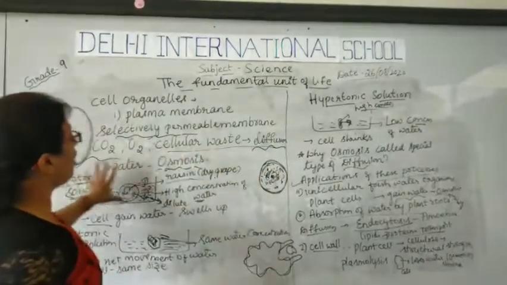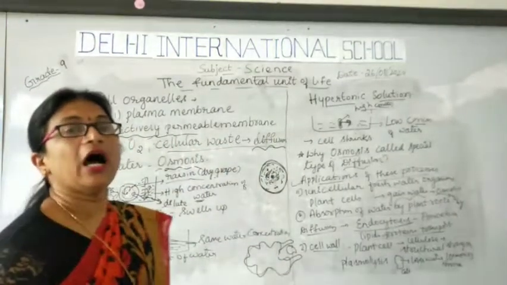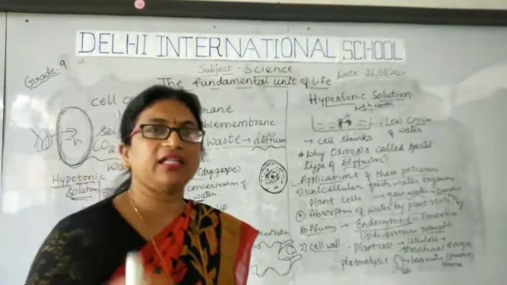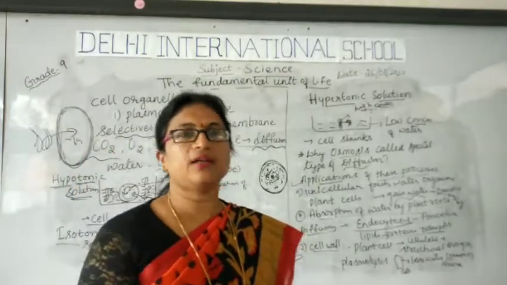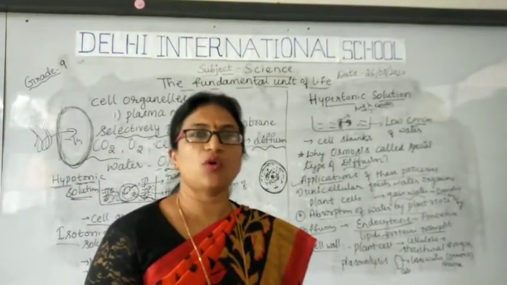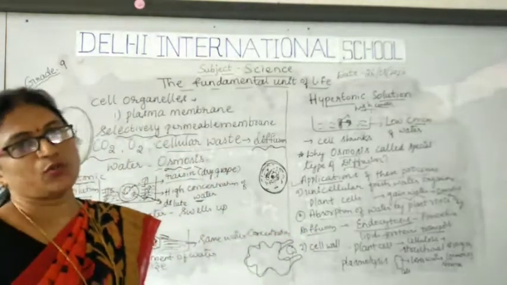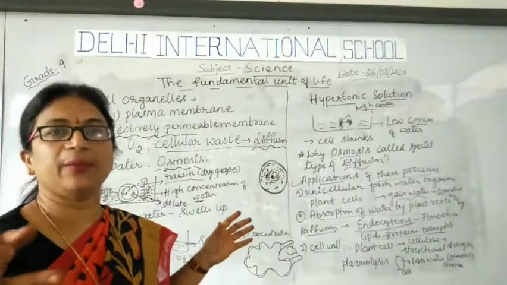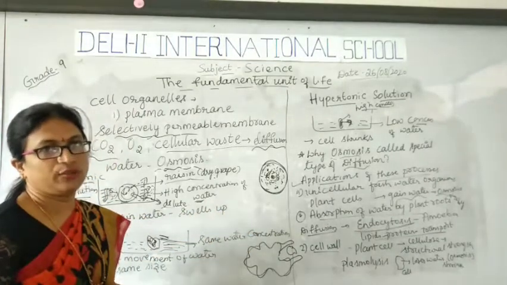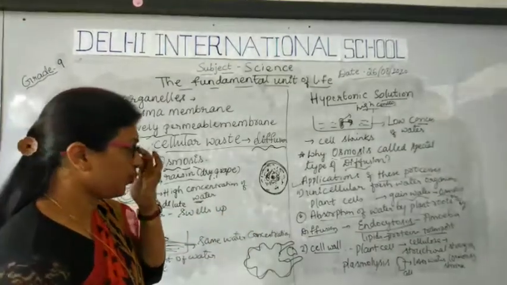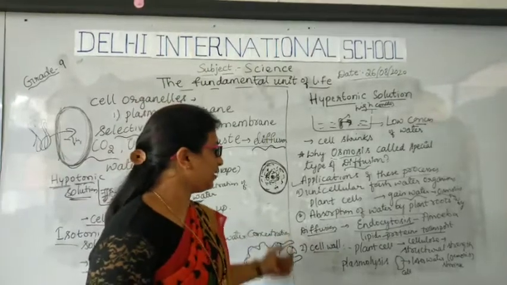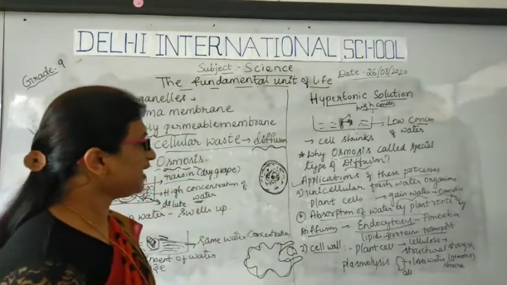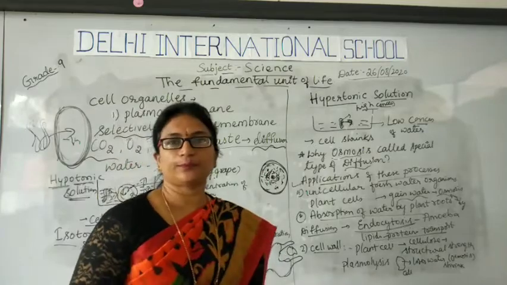So, these are all about the plasma membrane: how the plasma membrane helps in conducting the osmosis process to transport water molecules, and how it conducts the diffusion process to carry out lipids, proteins, and food molecules transport from one cell to another cell.